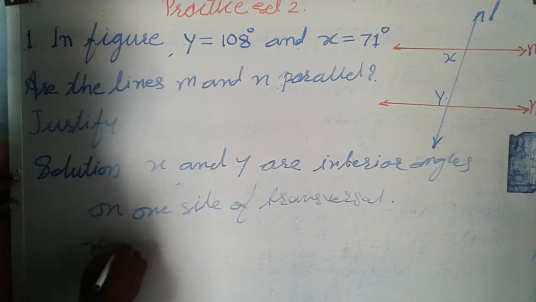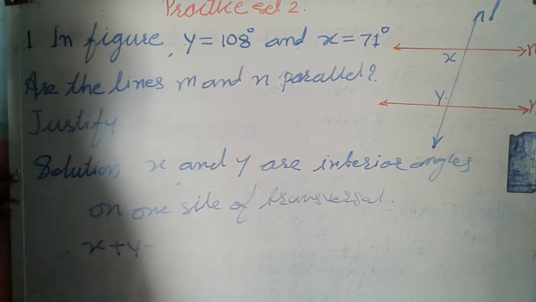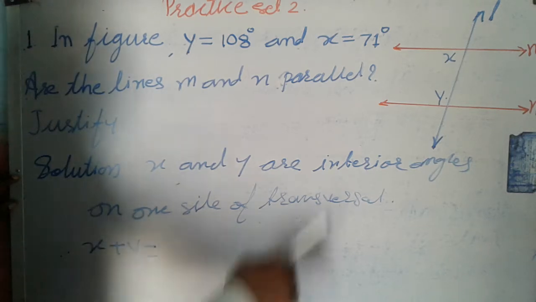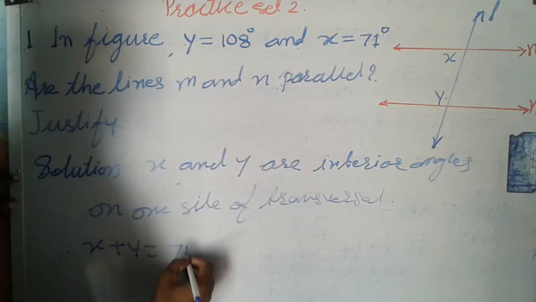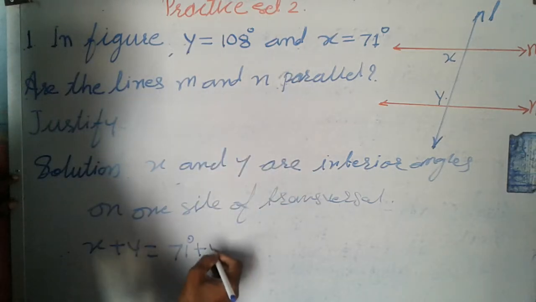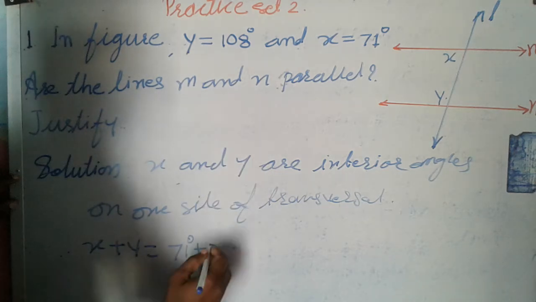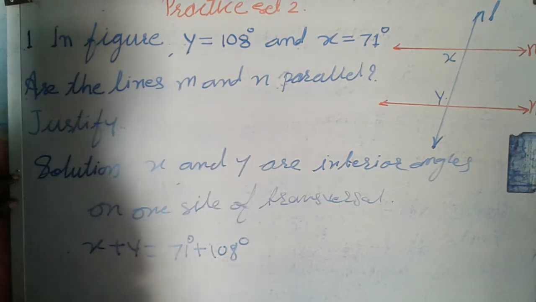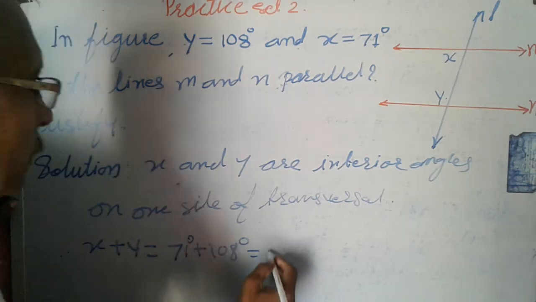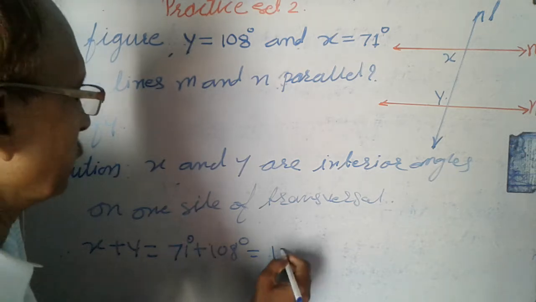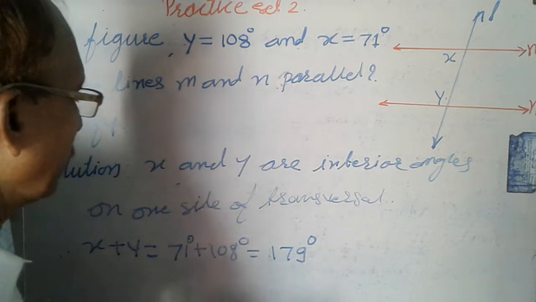Now x plus y. The x is equal to 71 degrees, the y is equal to 108 degrees, that is equal to 179 degrees.